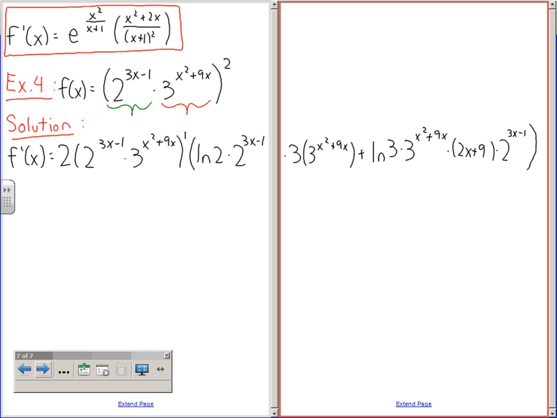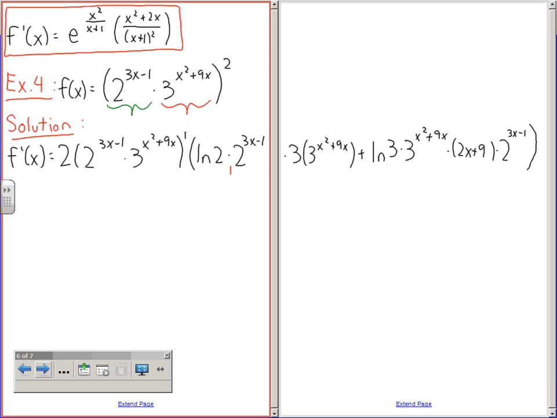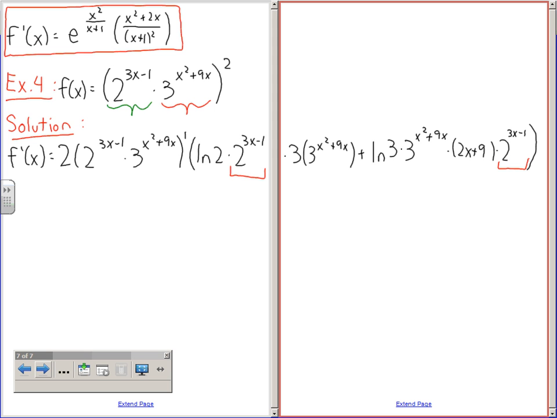The question here is, what's common? What I'm probably going to try and do here, there's not really too much. I could probably do a little bit of factoring. I'm trying to think how far I'm going to take this. I see common factors. The common factors are going to be 2^(3x-1) and 2^(3x-1), so that's going to come out.